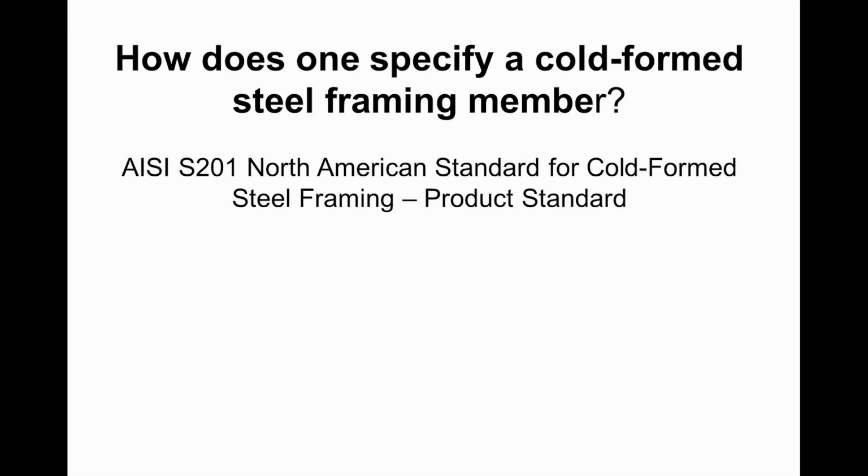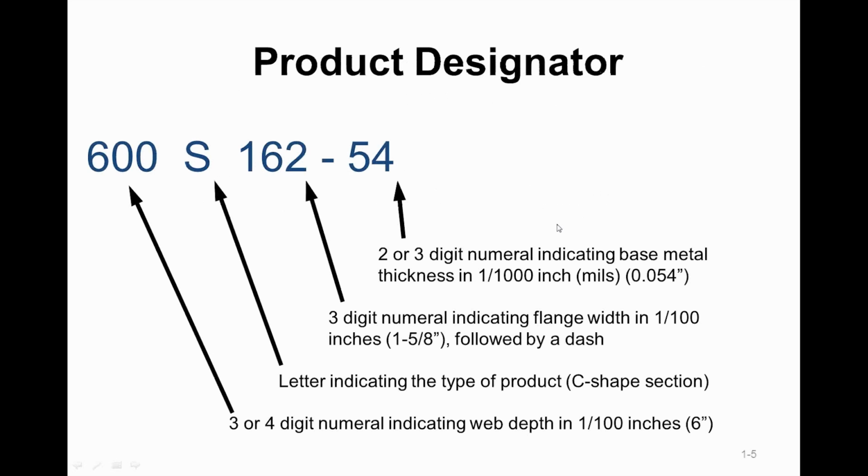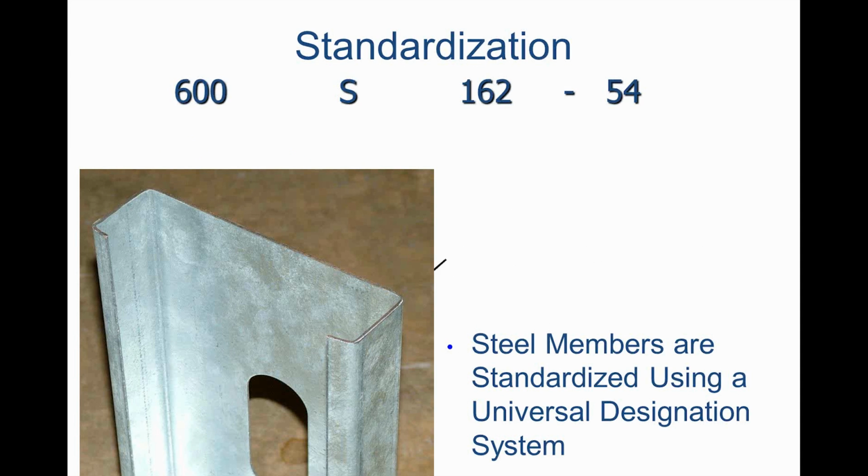Let's begin with the beginning, if you will. How do I specify a cold-formed steel framing member? For that, we will look at AISI S201, or what's commonly referred to as the product standard. I'm sure that if you've done any work in cold-formed steel, you've seen this product designator before, where we have a depth of a member, which is 6 inches deep.